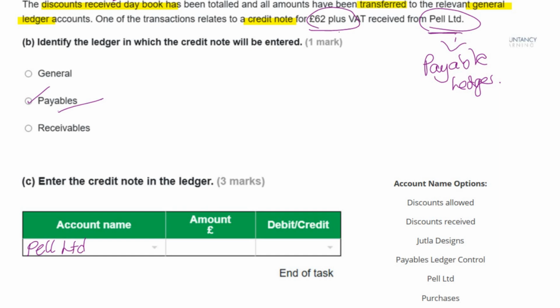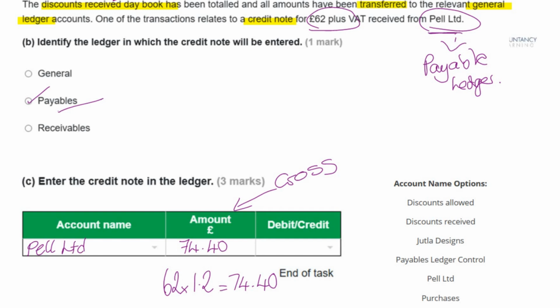Because it's plus VAT, we need to do the gross amount for this. So we need to do 62 times 1.2 to give us 74.40. That's going to be our amount, because that's the total amount of the discount, so that would reduce what we have to pay them.